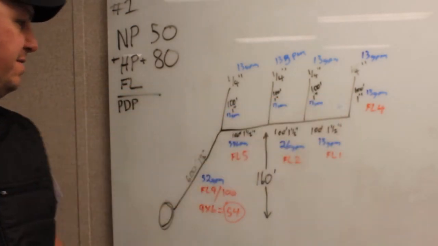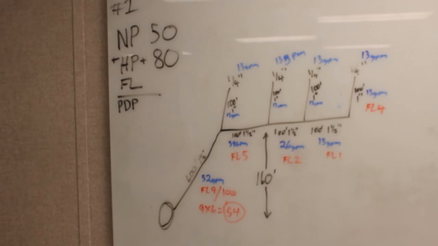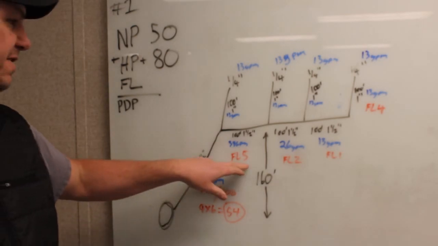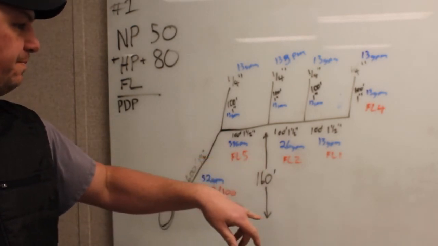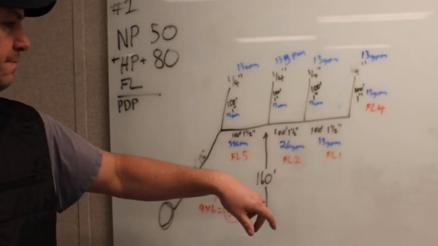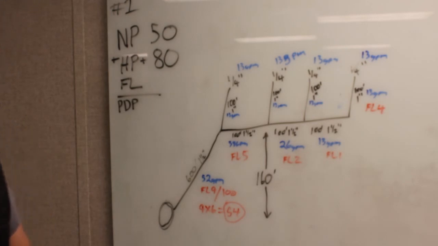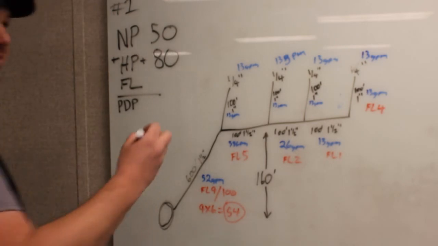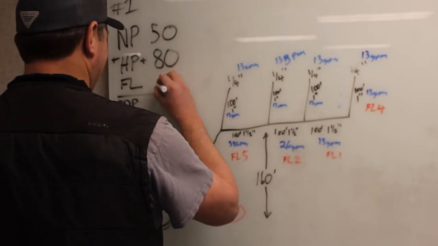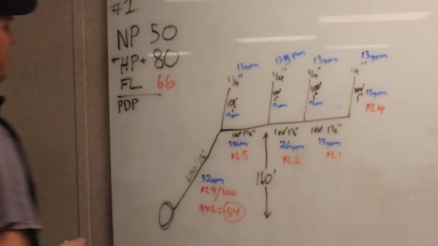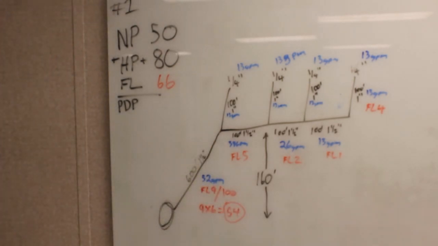All right, to come up with this number here in my main equation, I simply add all of these together. So 54 plus 5 is 59. 61, 62, 66. Right? Yeah. I have 66 psi of friction loss for the whole thing.